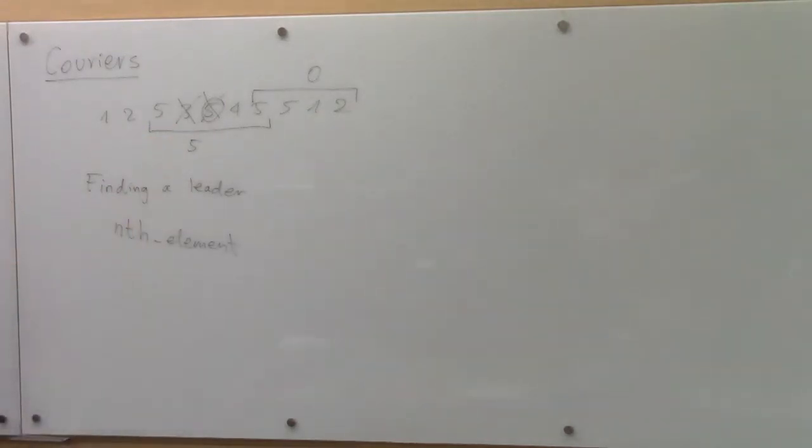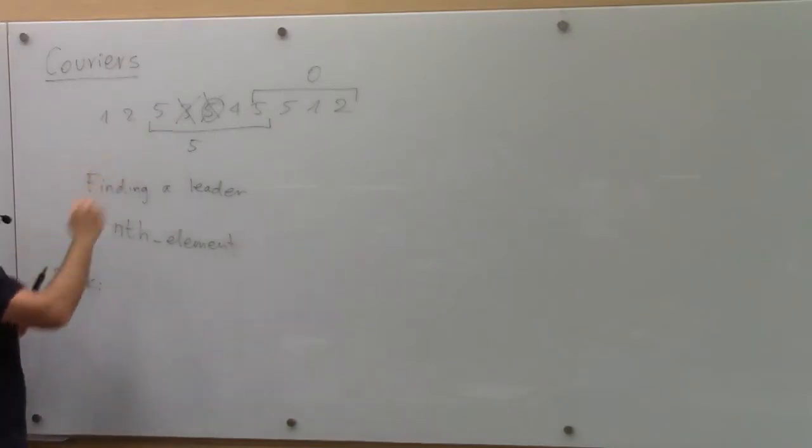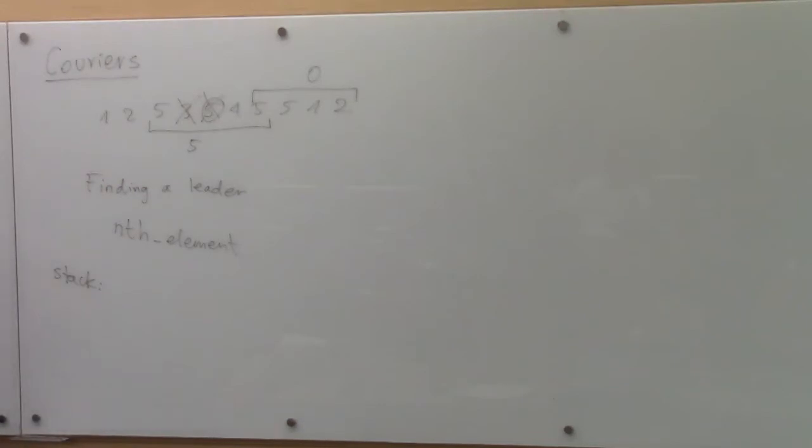So basically, we can iteratively remove different elements from this segment, and it's nice to do this on a stack. We will maintain a stack, and we will put the numbers on the stack one by one. Every time you have two different numbers on the top of the stack, you just erase them from the stack.